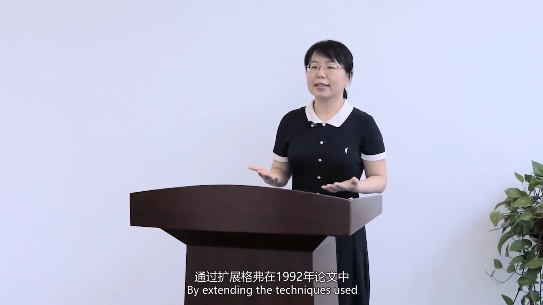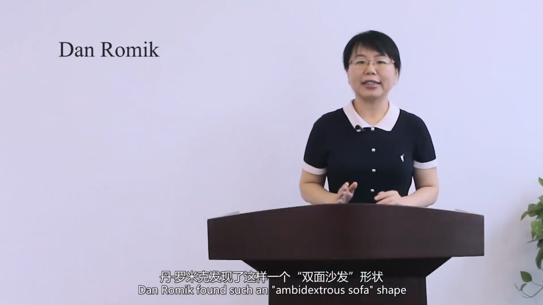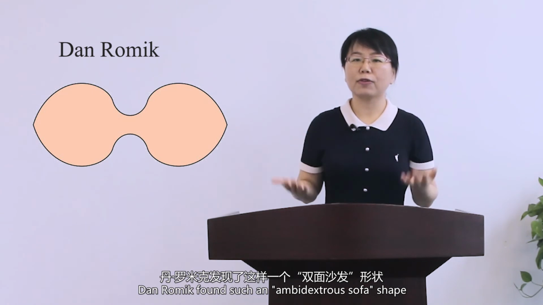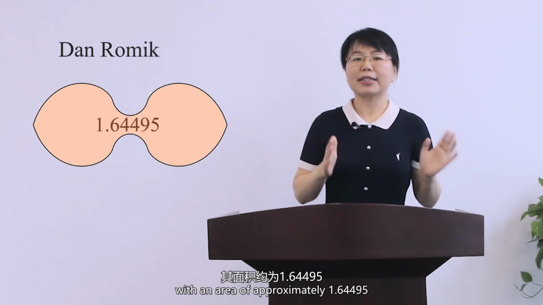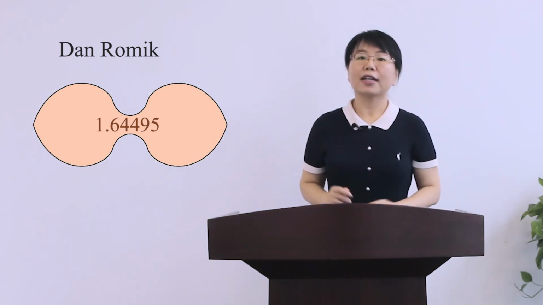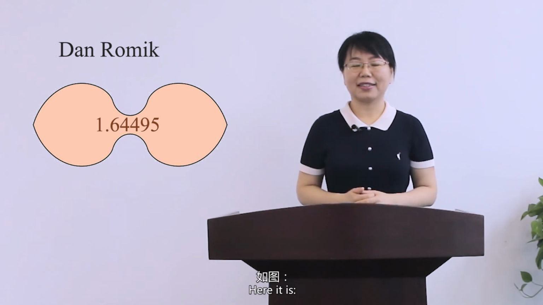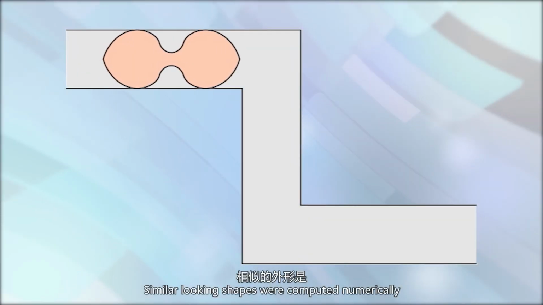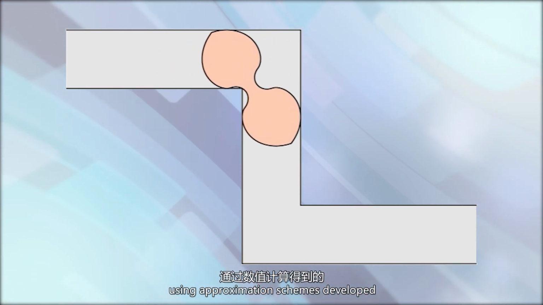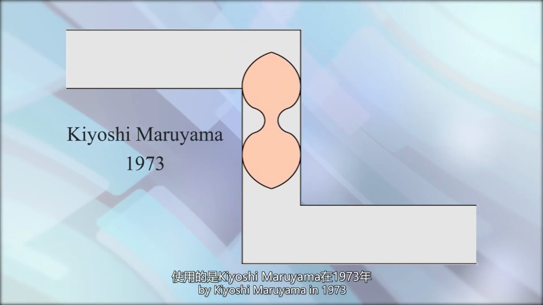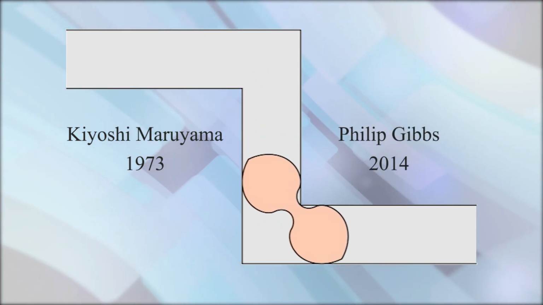By extending the techniques used by Gerver in his 1992 paper, Dan Romik found such an ambidextrous sofa shape with area of approximately 1.64495, which may be the largest possible area. Here it is. Similar looking shapes were computed numerically using approximation schemes developed by Kiyoshi Maruyama in 1973 and Philip Gibbs in 2014.